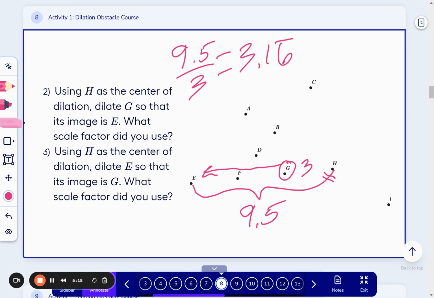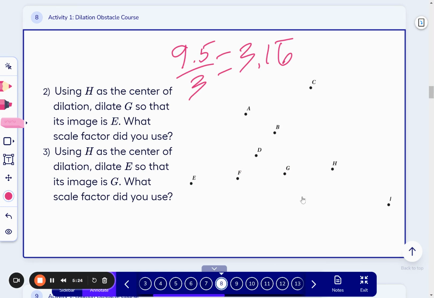Now they're kind of going to reverse the process. All the numbers stay the same. So we still have our 9.5 and we still have our 3.